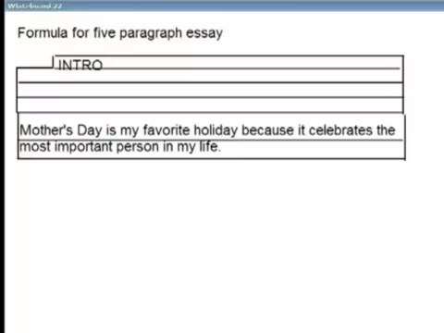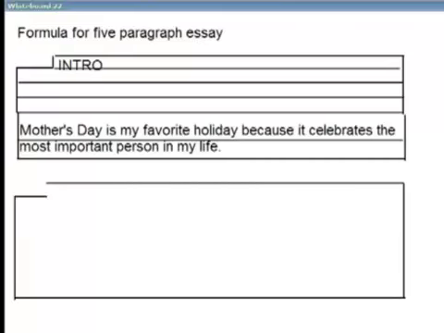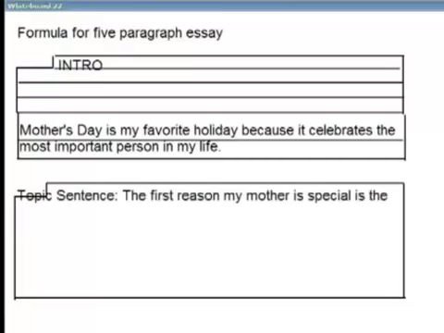Now, let's talk about the next form of paragraph. And the next form of paragraph is your body paragraph. Actually, I should say body paragraphs, because you will have 3 of these. So let's put in topic sentence here, and it is the first sentence of the body paragraph.